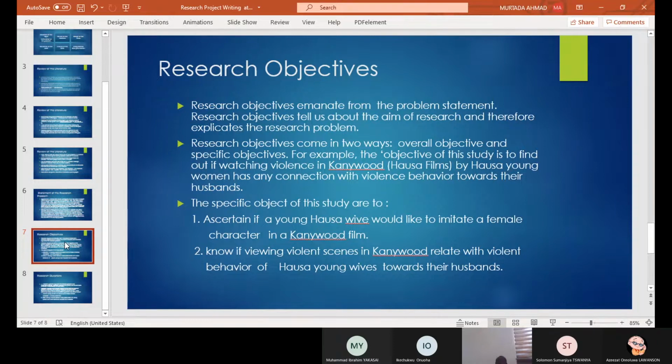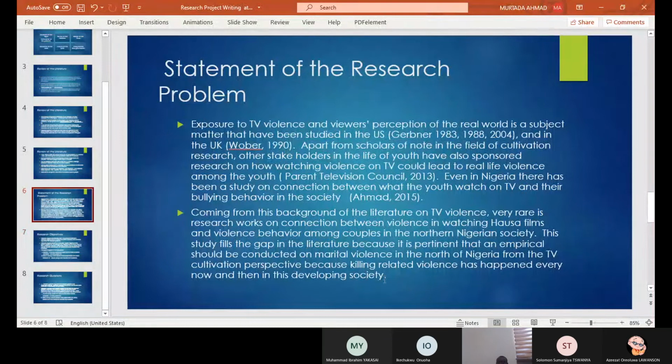And if you look at it with the problem statement, you see the connection between the two. So no way you will not see the connection.